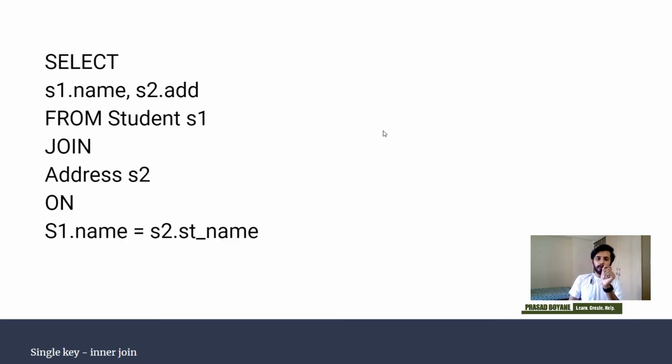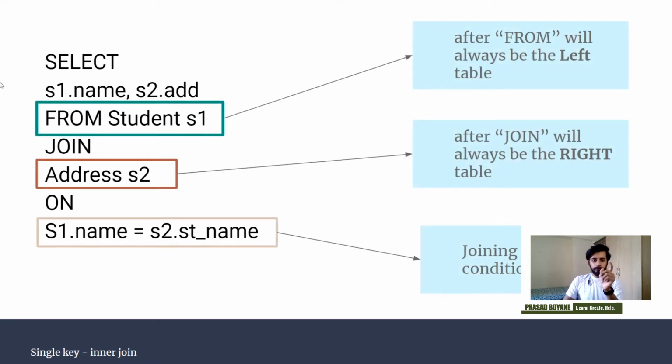So if we break down this query, whatever table we have after the from keyword will always be the left table. Whichever is the first table in the query will automatically, implicitly be considered the left table. Now after the join keyword, whatever table we have will implicitly be the right table.